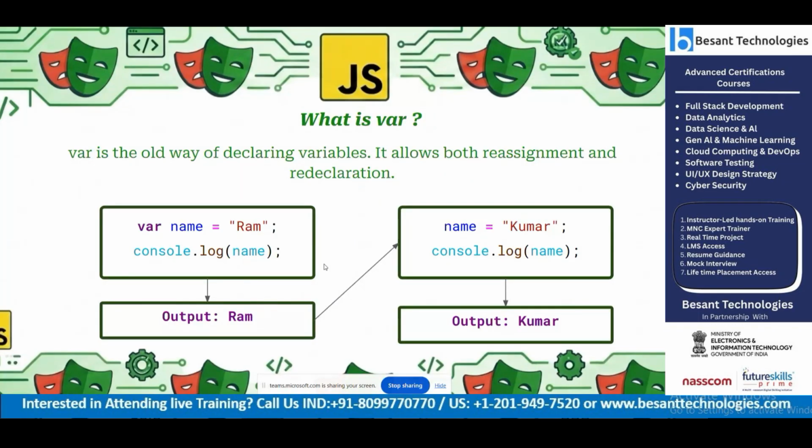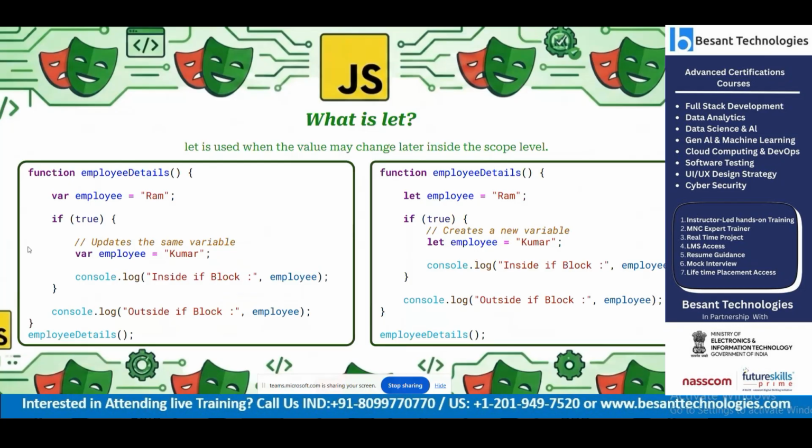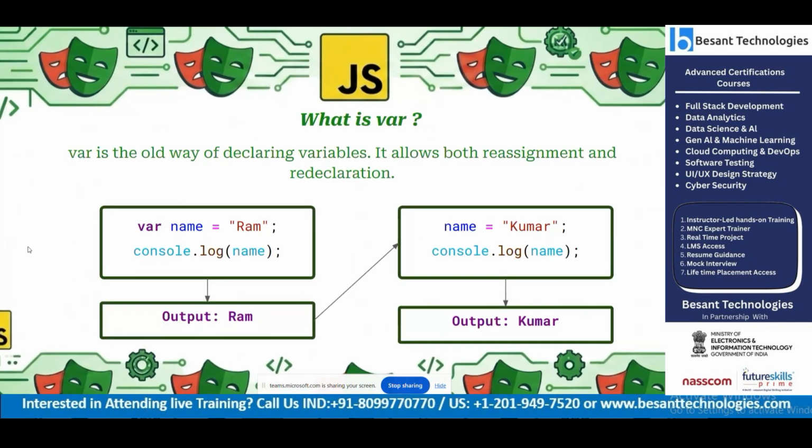But in later stages of the code, say I mistakenly forget that I declared this variable, so I declare the variable again with a different name. Then it starts redeclaring the thing. For example, the name variable is replaced with the value Kumar instead of Ram.